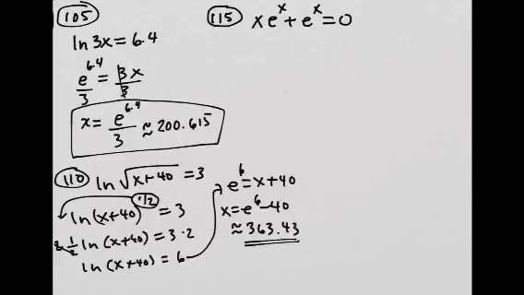Alright, so for 115, one thing I noticed is that both of them have the e to the x in common. So I'm going to factor it out of both terms. So when I factor out e to the x, in the first term I have x as my other factor, plus, and then I factor out e to the x from the second term, I'm left with 1. So now I have the product of these two equals 0. Well, then that tells me that either e to the x is 0 or x plus 1 is 0, right?